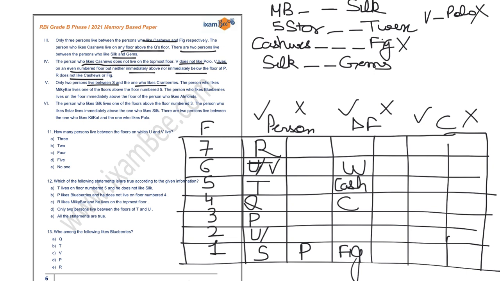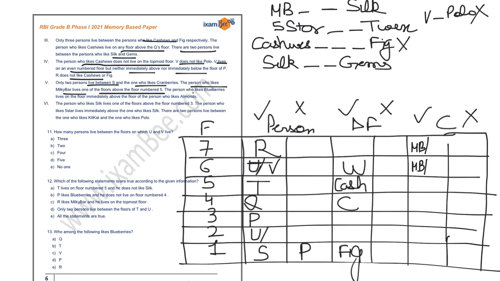Now it is given the person who likes Milky Bar lives one of the floors above floor number 5. So there are two options for Milky Bar, that is floor number 6 or floor number 7, but we are not sure as of now, right?